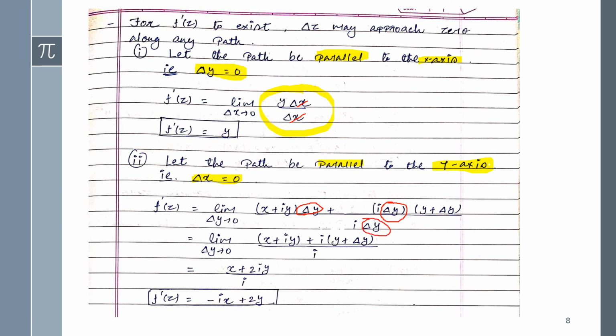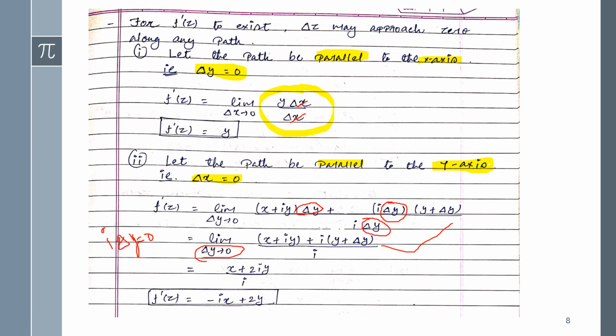The remaining terms I have written here. Here you can see i into delta y will be 0, but i is a complex number, one of the constants we can call it, so definitely we can write delta y tends to 0. Then you have to write the rest of the terms, so it will be x plus iy, that is 2iy.